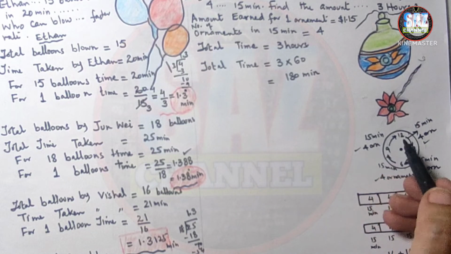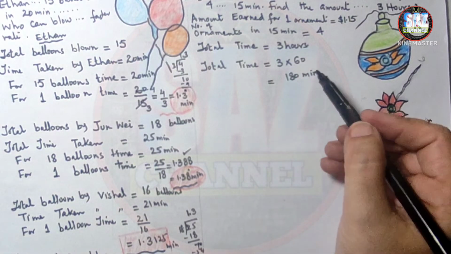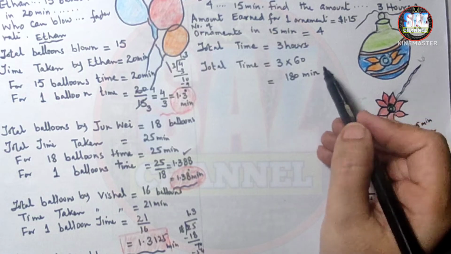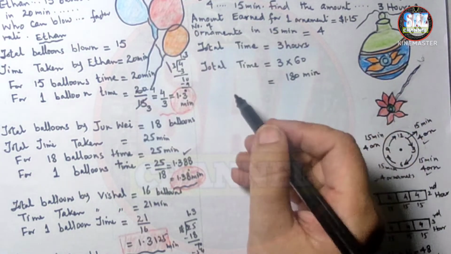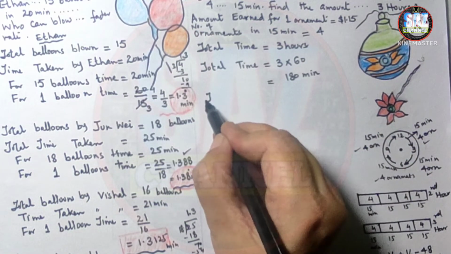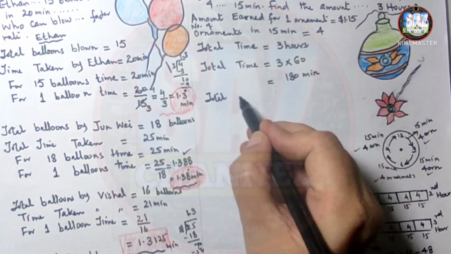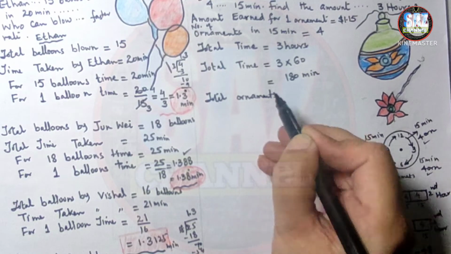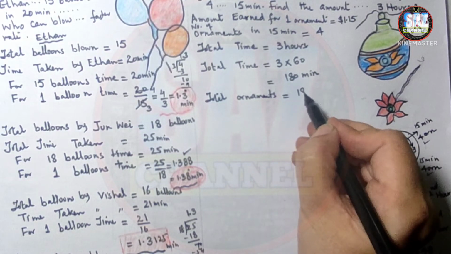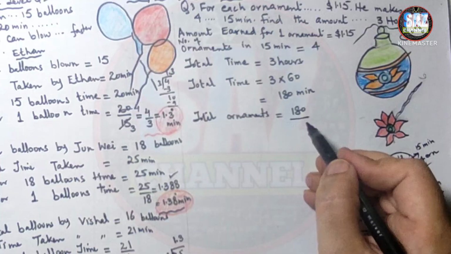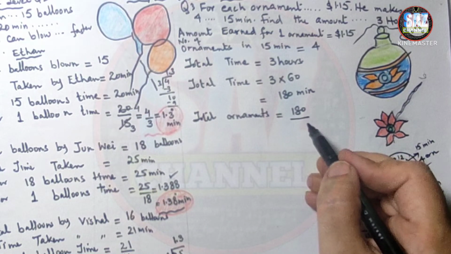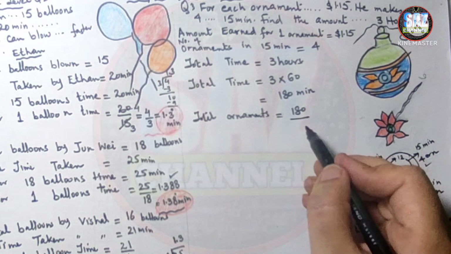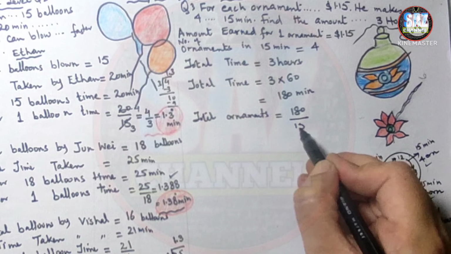So for that purpose, we will be dividing this total time by 15 minutes. The total ornaments will be equal to 180, the total time, divided by the time taken to make 4 ornaments, which is 15 minutes.